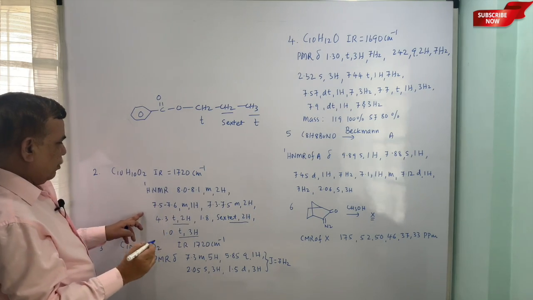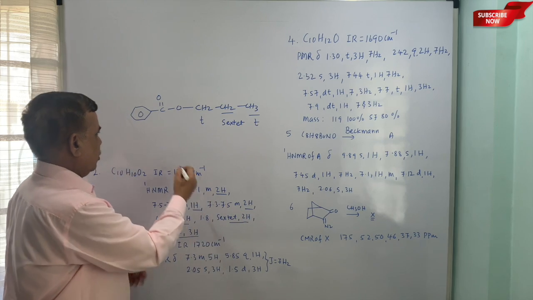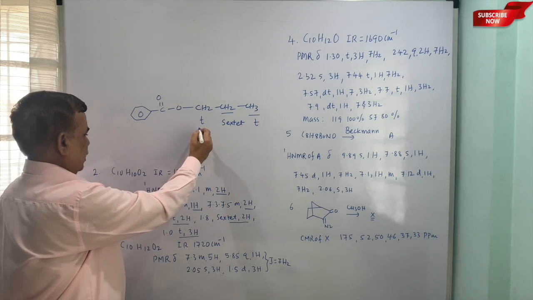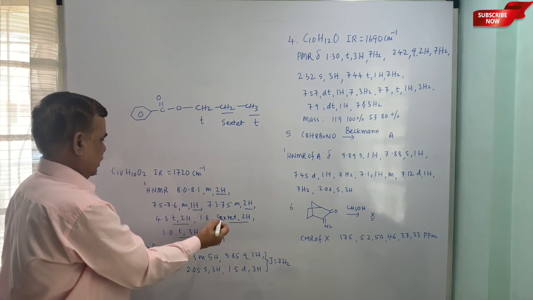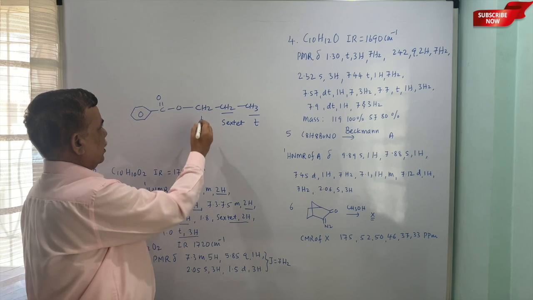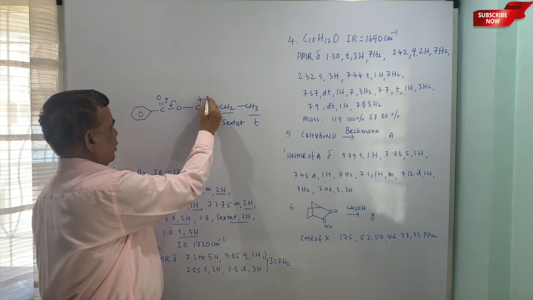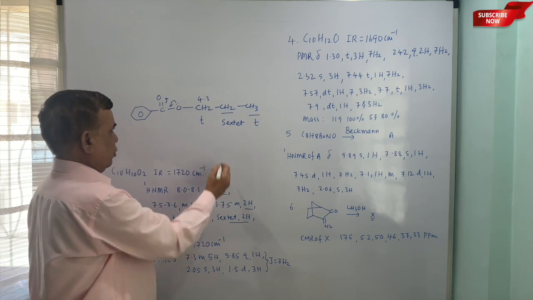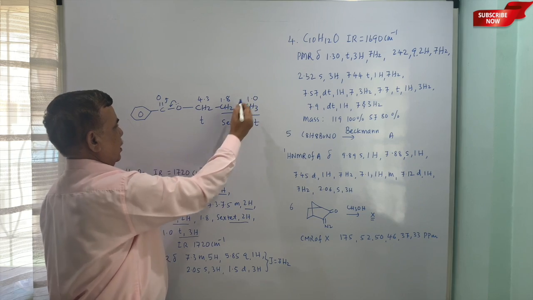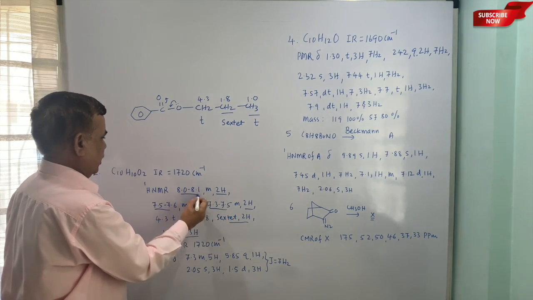So 5 aromatic protons are there, 2 plus 1 plus 2, all 5 protons are on this side, and this triplet, sextet and triplet pattern is there. Now, this is 4.3 because of the reverse conjugation. So this is 4.3 without any doubt, 1.8 for this, 1 for this, and then your aromatic protons are there.